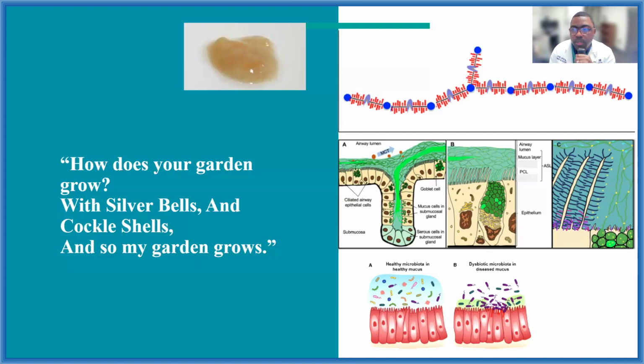With the mucus being so thick, you can see in the middle panel marked C. I hope you can see that. These fine hairs have to ratchet back and forth, and move the mucus from deep within the lung towards the throat.